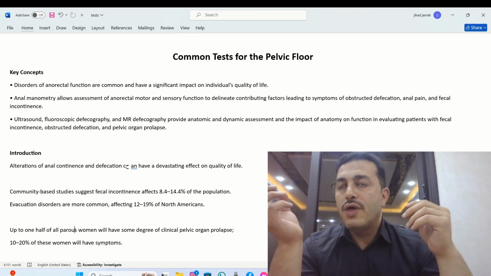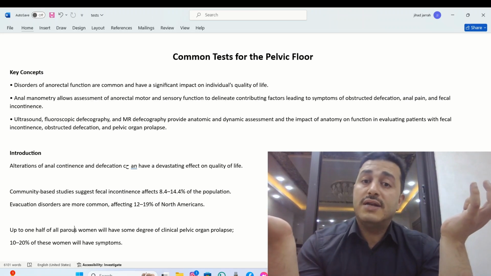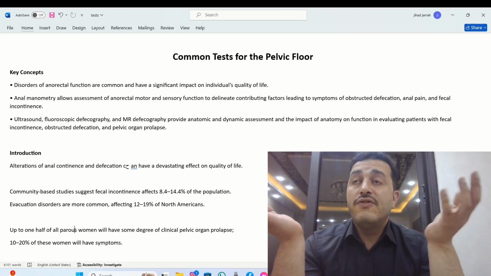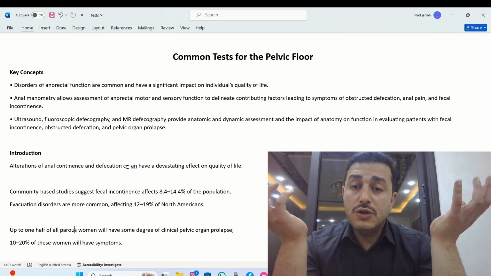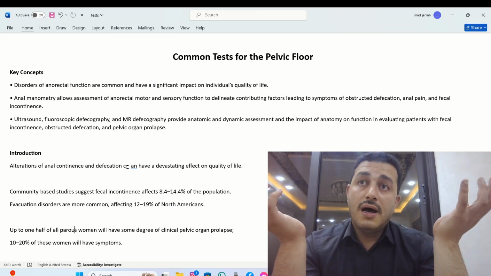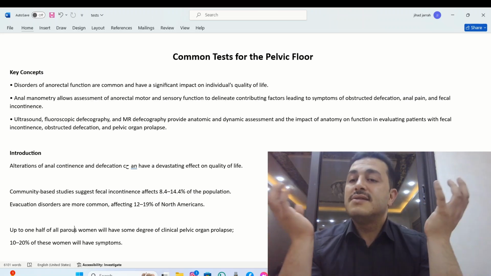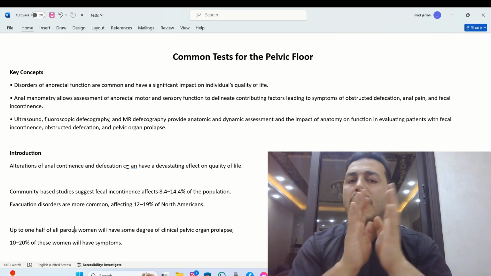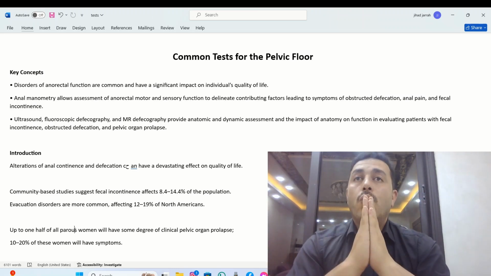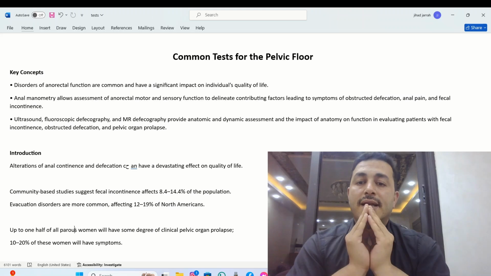As we said in the previous lecture, we also have gynecological structures such as the vagina and uterus, and urological structures such as the urinary bladder, and we have tests for the function of these organs, but we are going to talk about the tests we have to study the anorectal region.